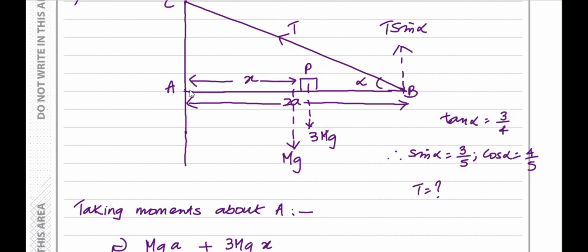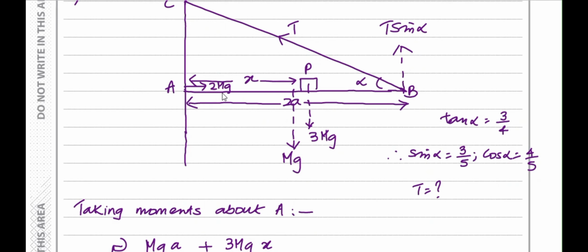The horizontal component of force exerted by the wall on the plank at A is equal to 2 mg, means there is a force 2 mg from the wall in this direction. You can take it as the frictional force from the wall on the plank.